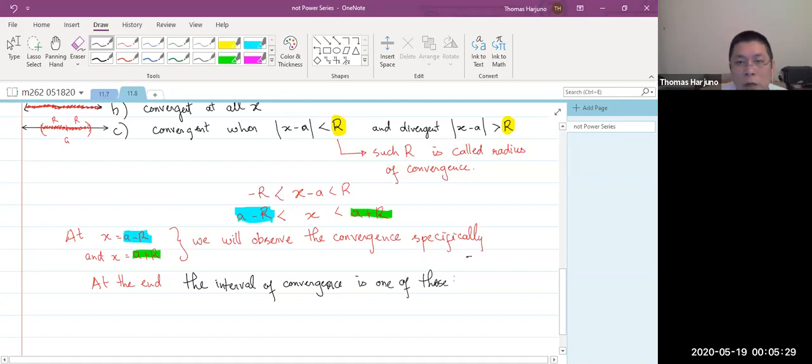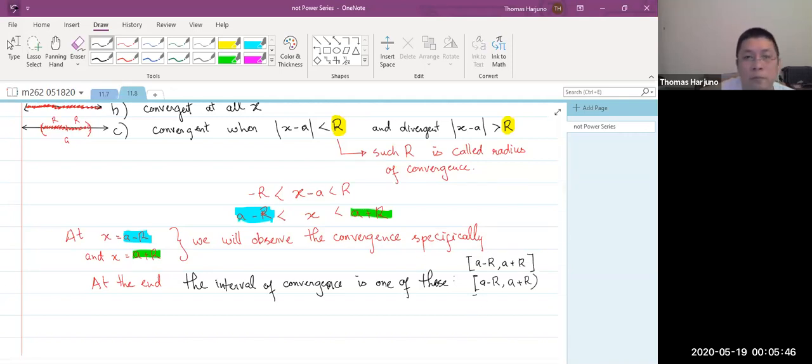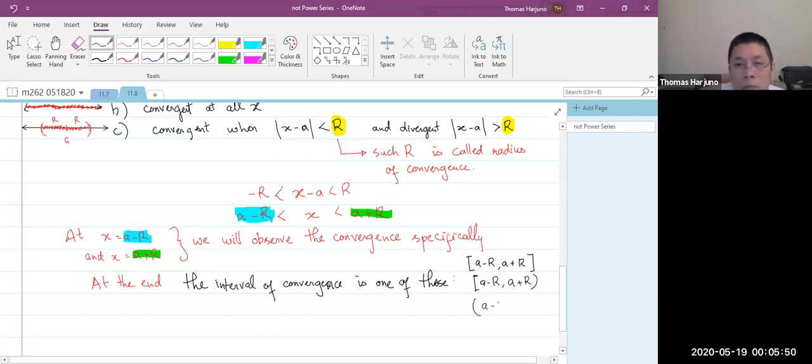It's either a minus r to a plus r, including both endpoints, or including the left endpoint, or including the right endpoint, or not including any endpoints.